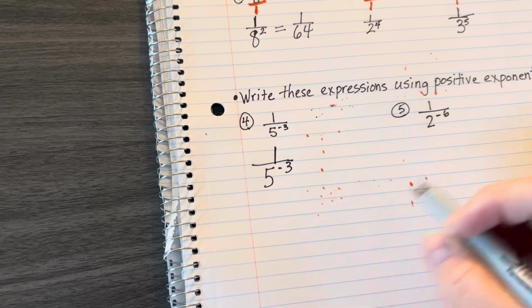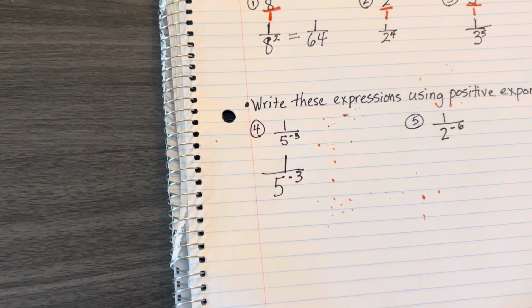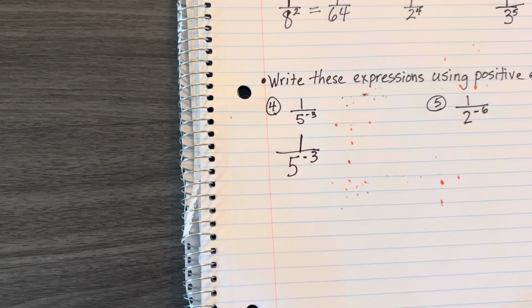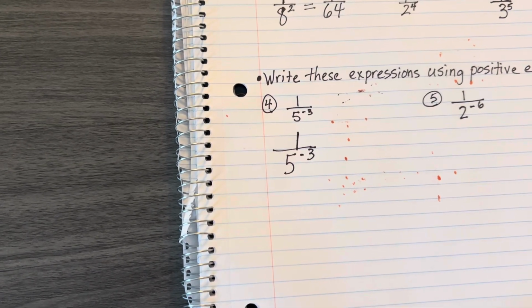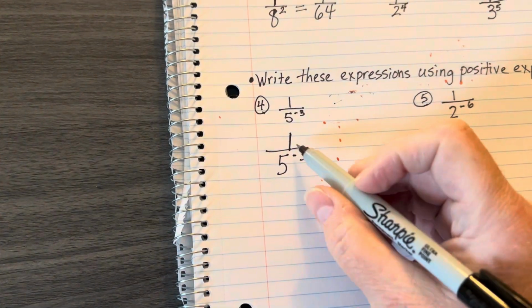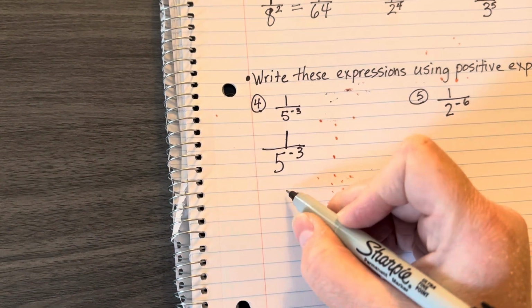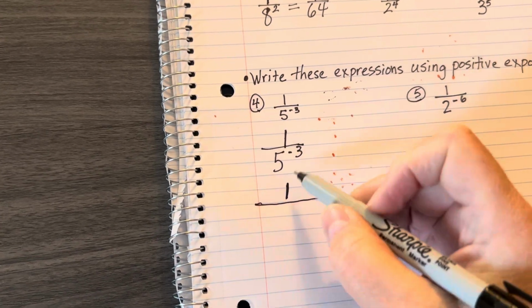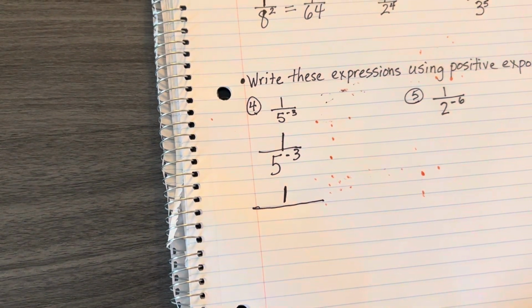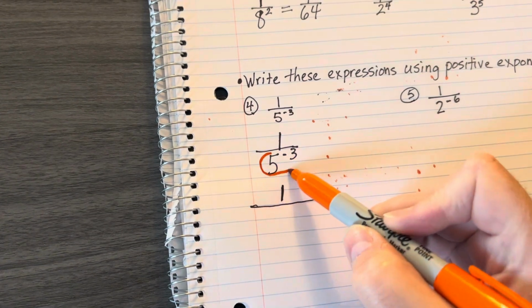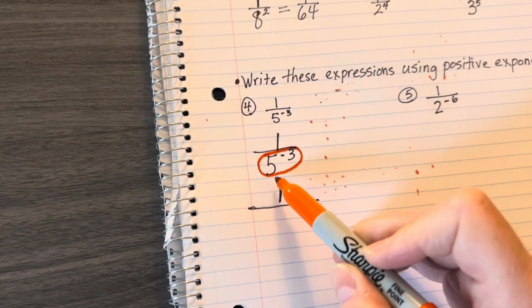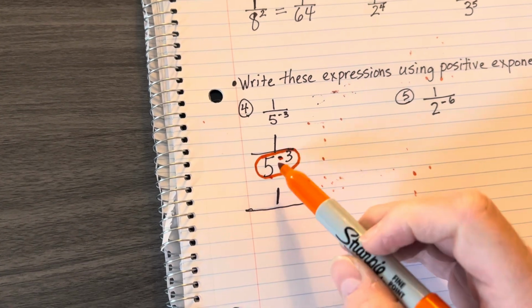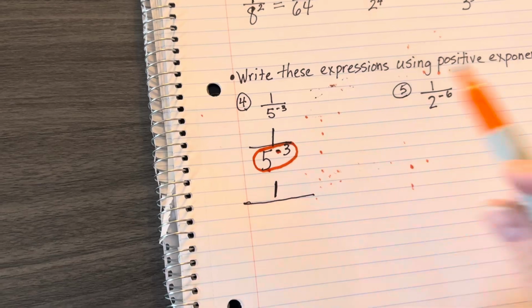What you need to do is think about your numerator and denominator separately for just a minute. You have 1 at the top. We're just going to leave that alone. In the denominator, I see a base of 5 to a negative exponent. The base is 5 to the negative 3rd power.